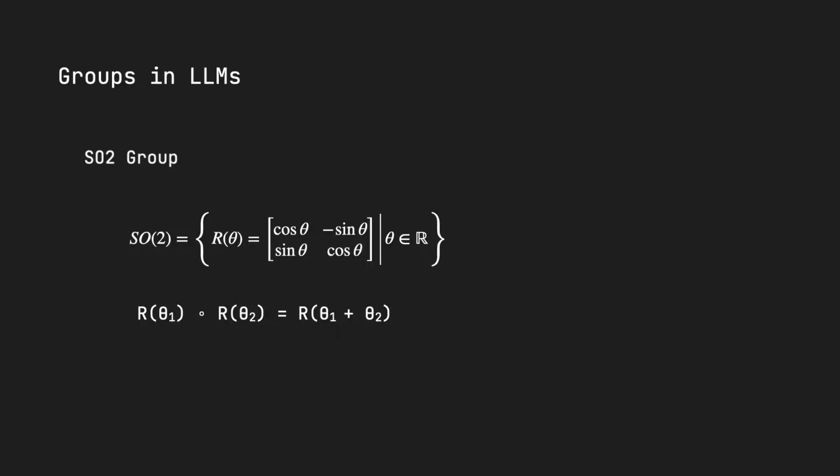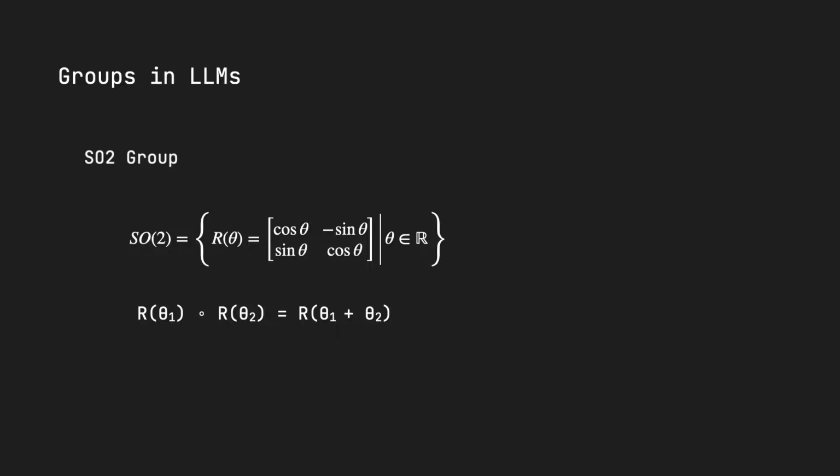And there's a way to combine certain angles together, and you could verify that. This is a very popular group. It's the SO2 group that's used in quantum field theory. It comes up in physics a lot, in particle physics, and it's also used in the internals of transformers.